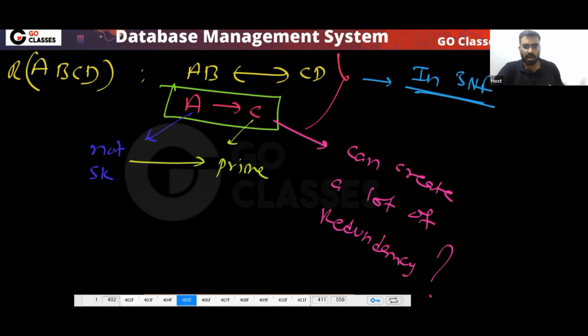How can it create redundancy? Just think about it. This is your table A, B, C, D, and A determines C. Let's assume there are 10,000 records.